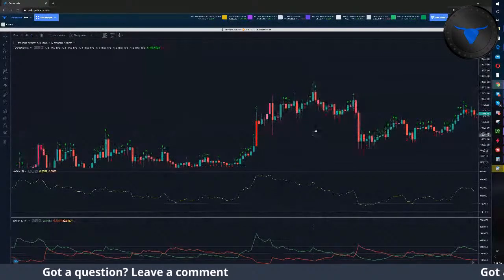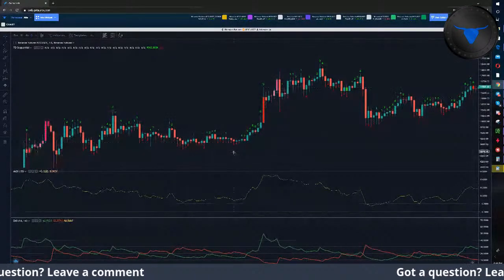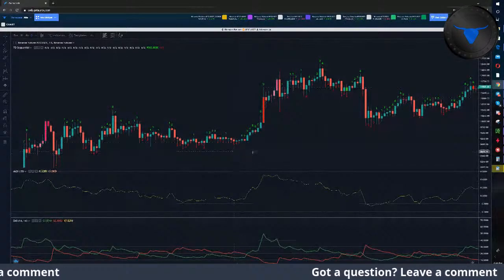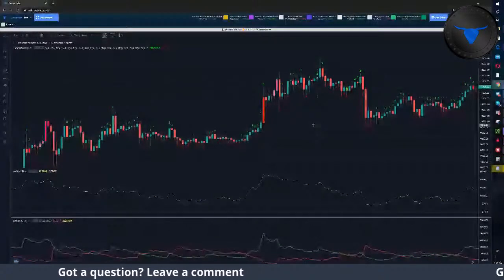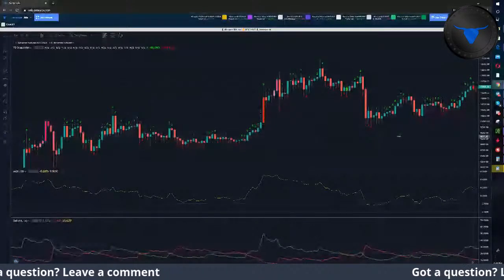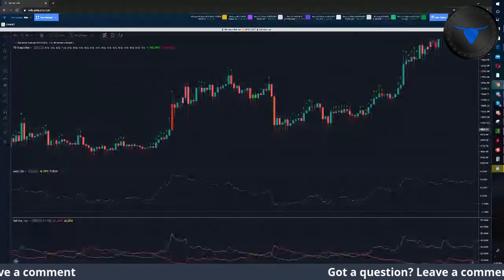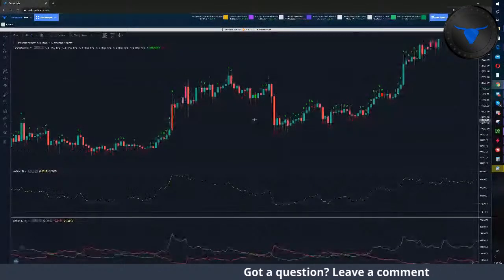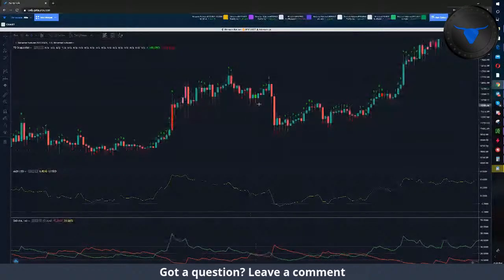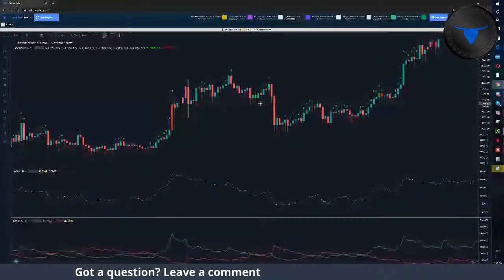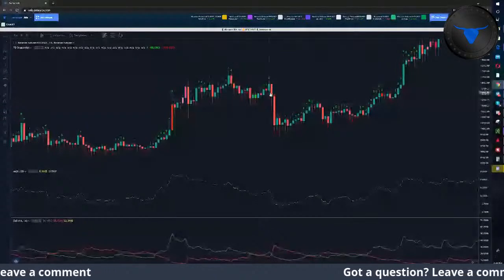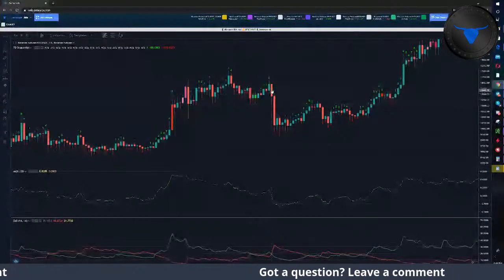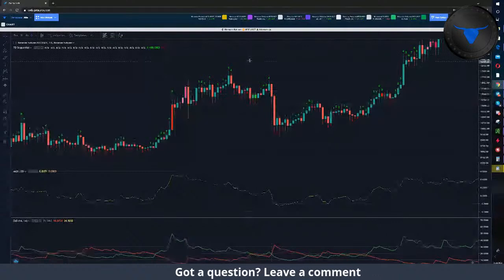That's another thing: on some of these you can see TD sequential ended on a 9 and just kept pumping. So if you were just paying attention on this lower interval just to this indicator, you would have been making mistakes. But that's why you combine it with the DI and the DMI and the Aurox indicator and stuff like that, in order to not make those fake trades or false trades.